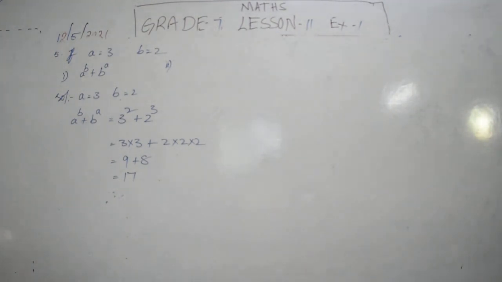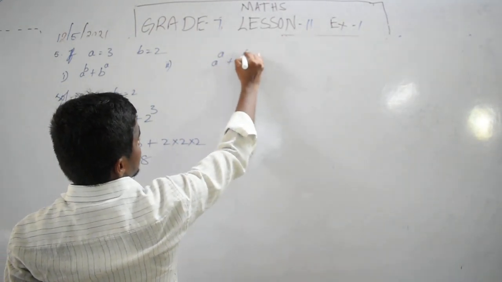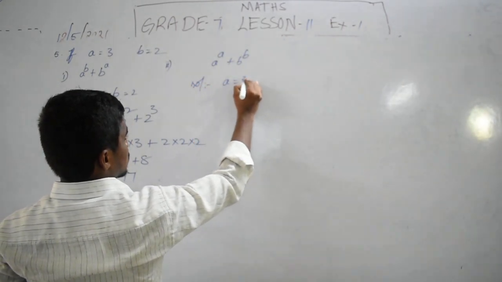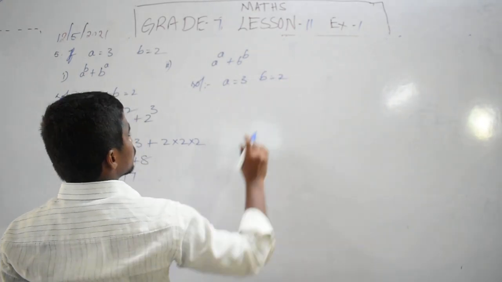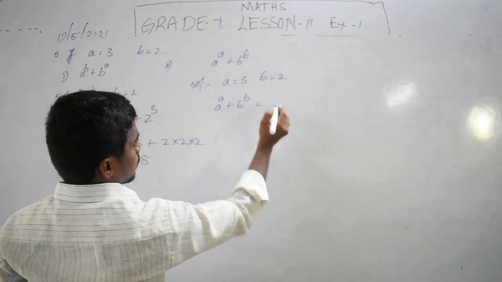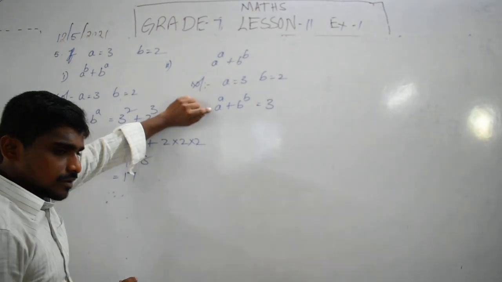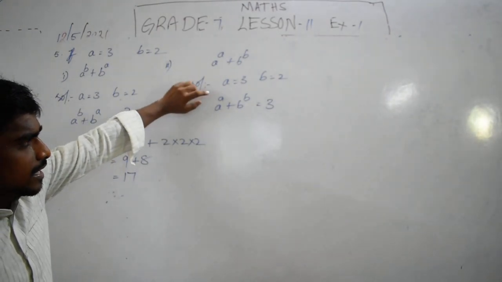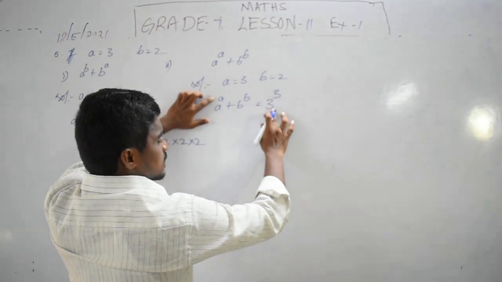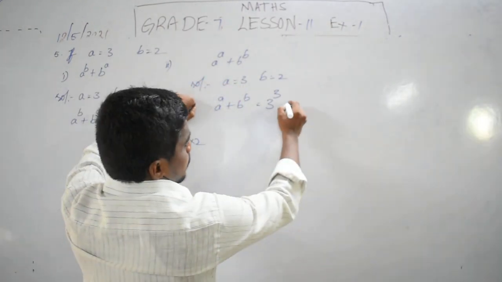Next one: A power A plus B power B. We know A value 3 and B value 2. Here the base is A and the exponent is A, so base 3 exponent 3, because the A value is 3.